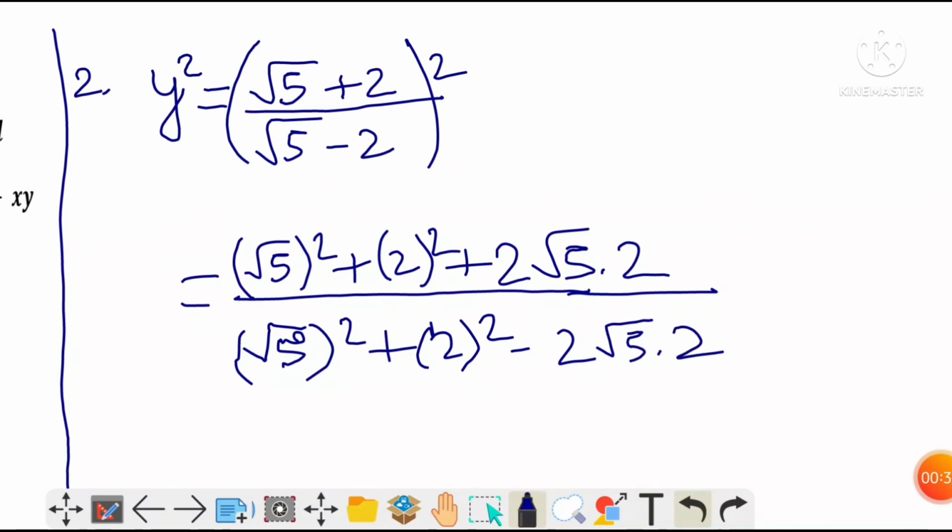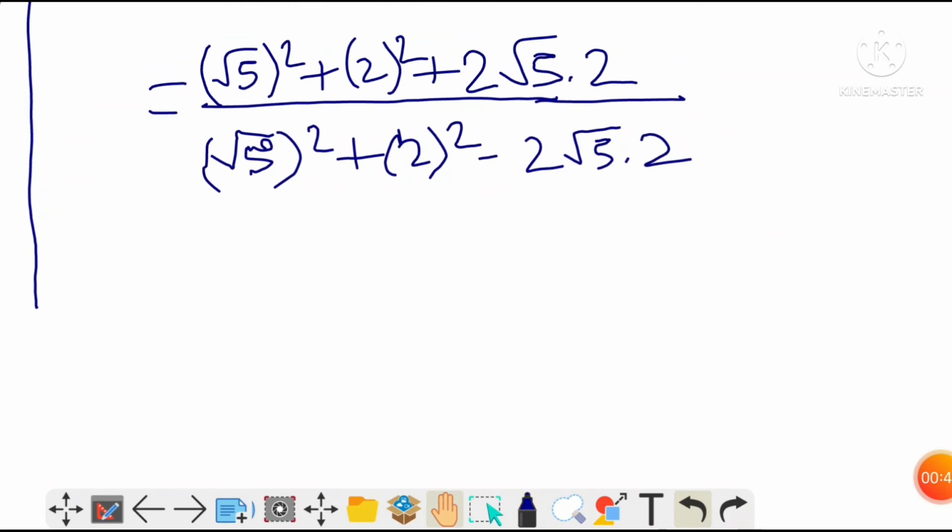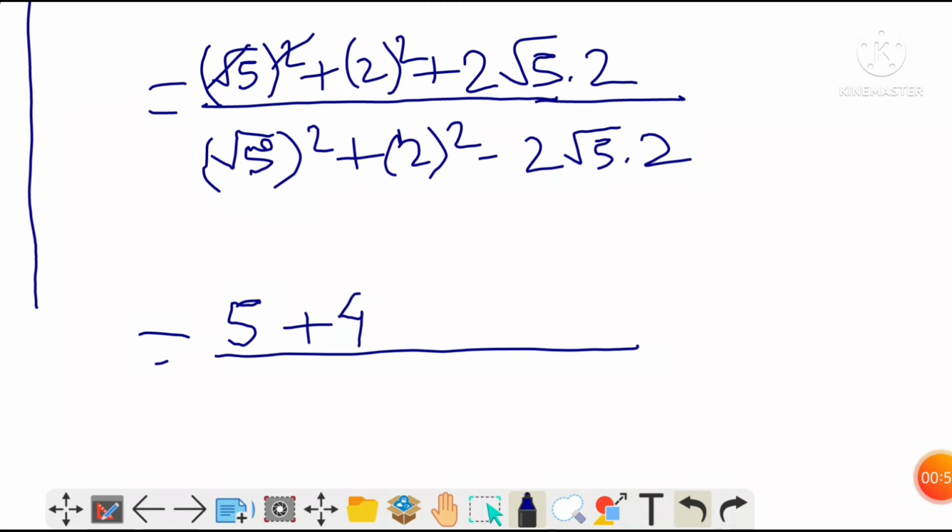In the numerator, we'll have root 5 whole square means 5 plus 2 square is 4 plus 2 2's are 4 into root 5, 4 root 5.